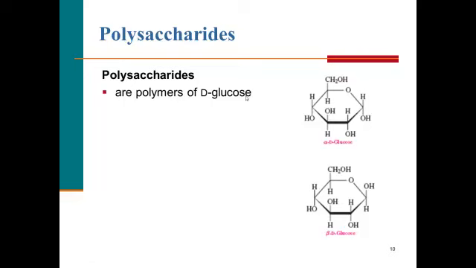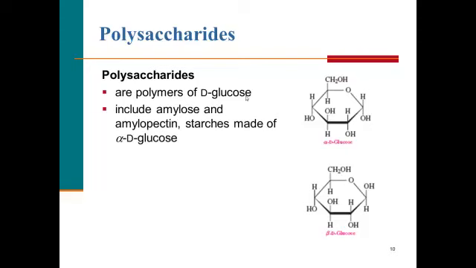Now several of these are going to be simply a means of storing glucose for later use, while one of the molecules we'll talk about will be a structural molecule in plants. So the molecules that we're going to talk about are two different kinds of starches. So amylose and amylopectin are both starches that are made of alpha-D glucose.